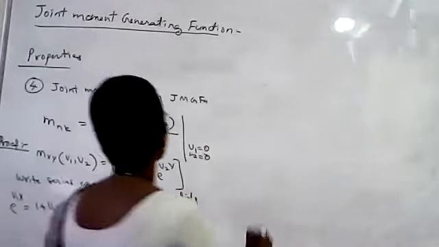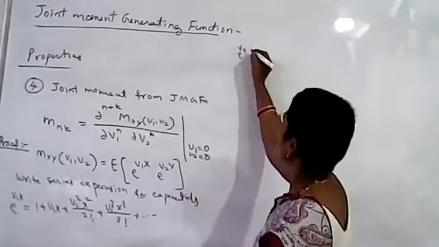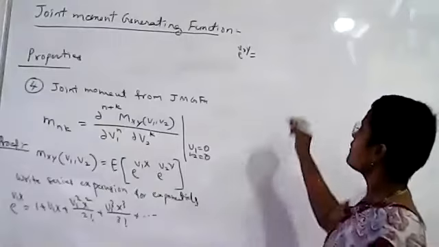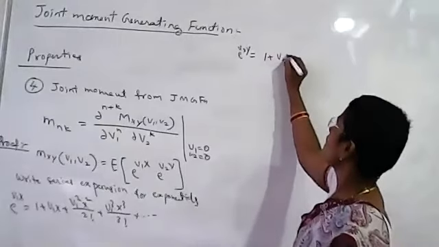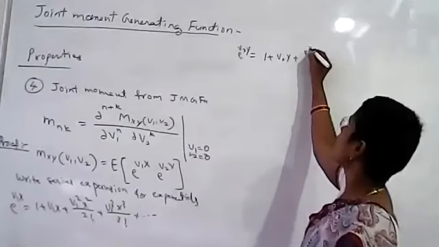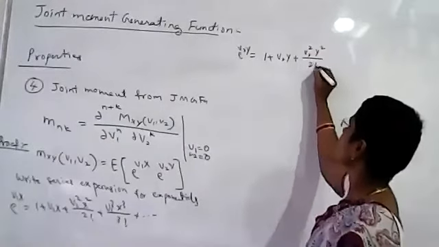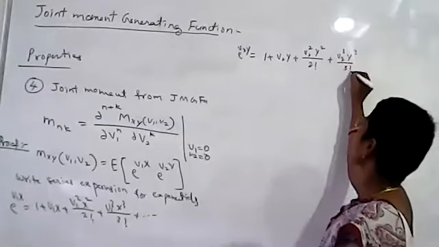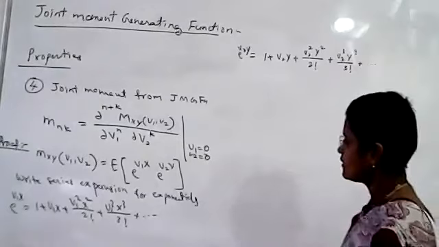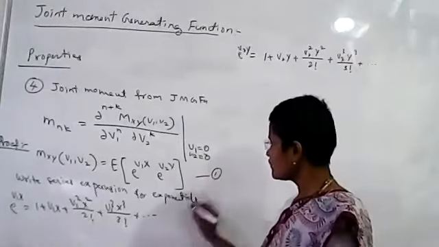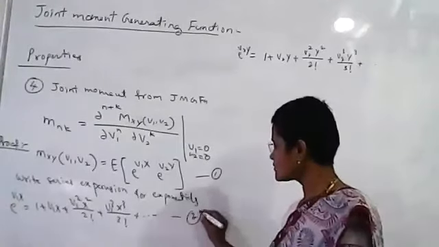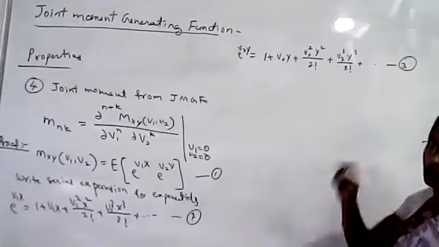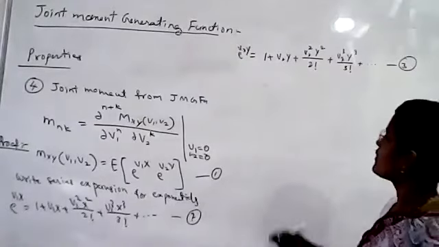Similarly, e power v2y can be written as 1 plus v2y plus v2 square y square by 2 factorial plus v2 cube y cube by 3 factorial plus so on. Now substitute 2 and 3 in equation 1.